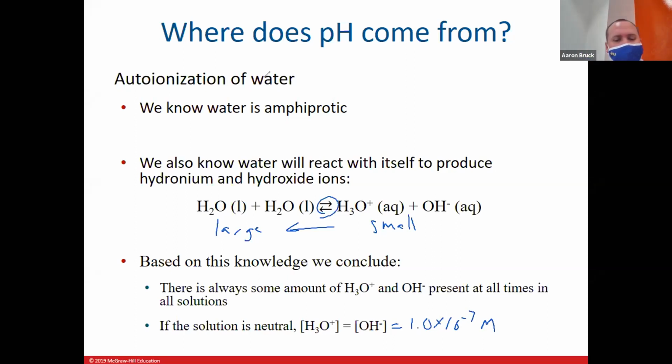So again, if the concentration is 1 times 10 to the negative 7th, that means I have 1 times 10 to the negative 7th molar hydroxide, 1 times 10 to the negative 7th molar hydronium, and relative to that, water's concentration is about 56 molar.